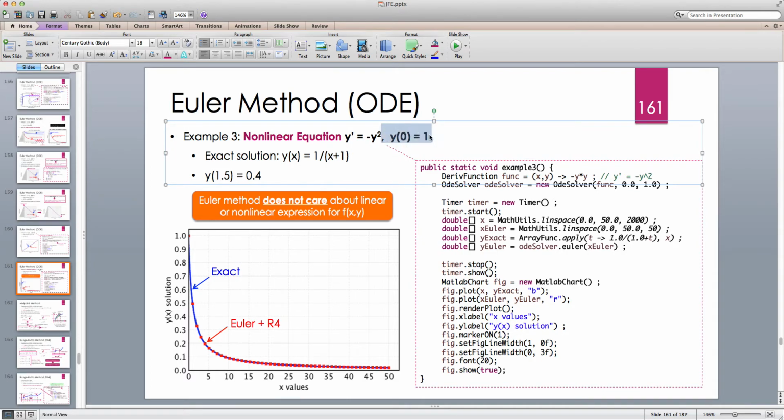Y of 0 is 1, so the exact solution, and again we can use the method of separation to exactly solve it, is 1 over x plus 1. So there is a singularity at x equals negative 1, but we don't care about that because we're solving from 0 to plus infinity. And for example, y of 1.5 is 0.4.